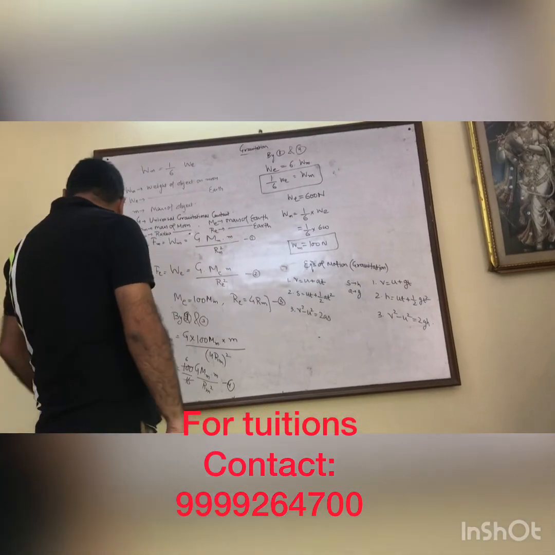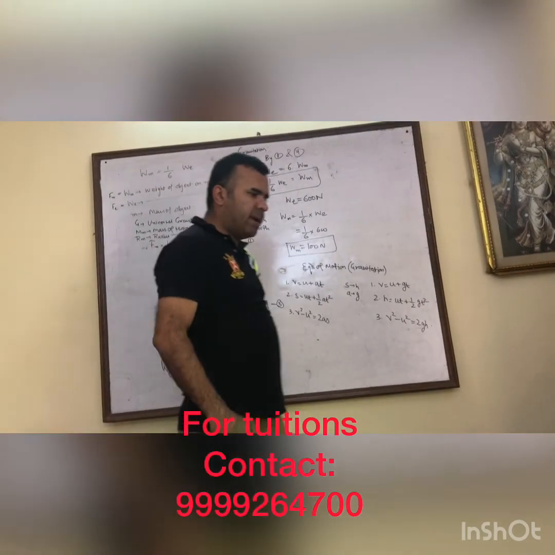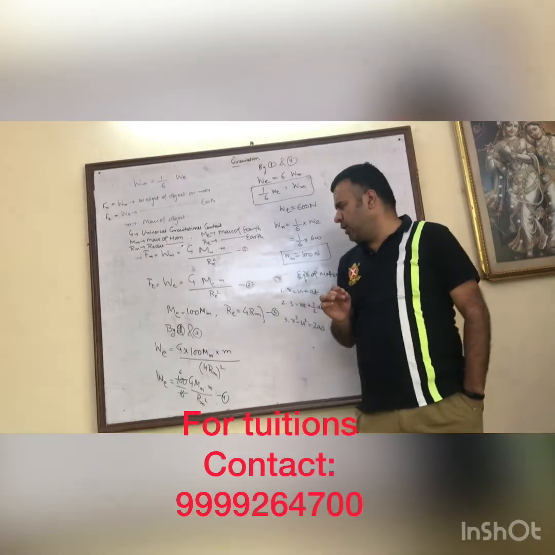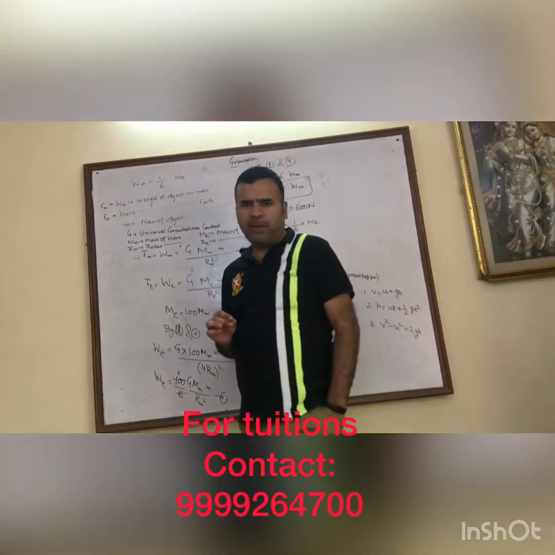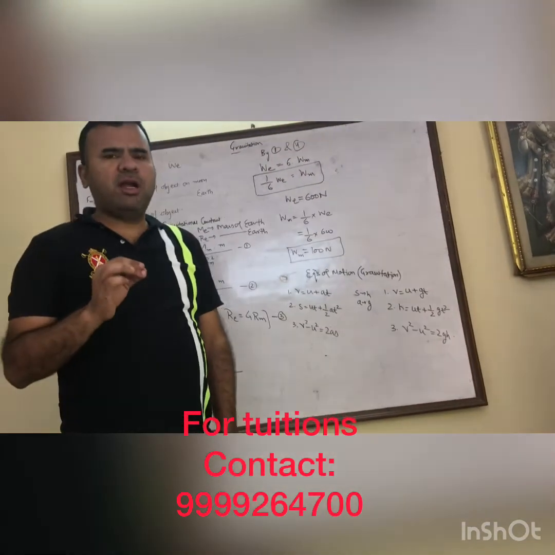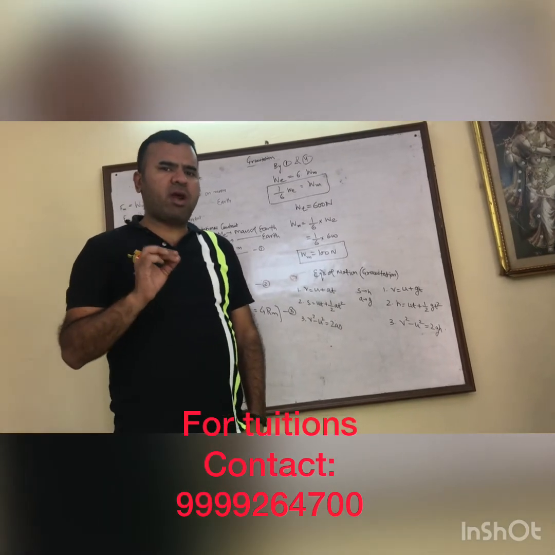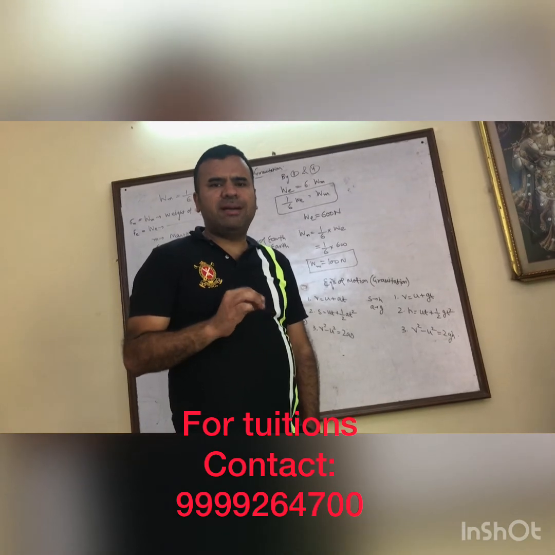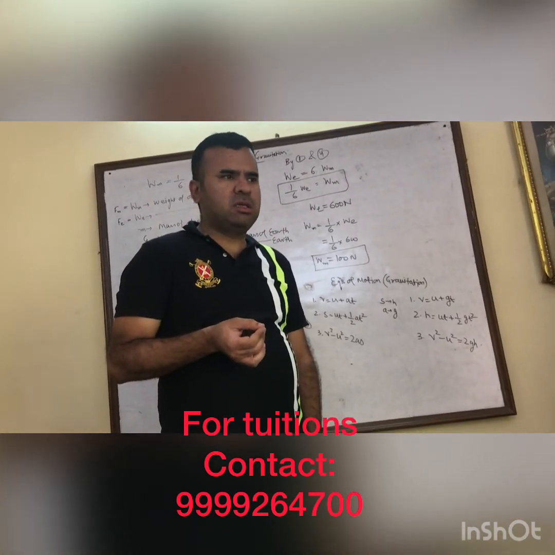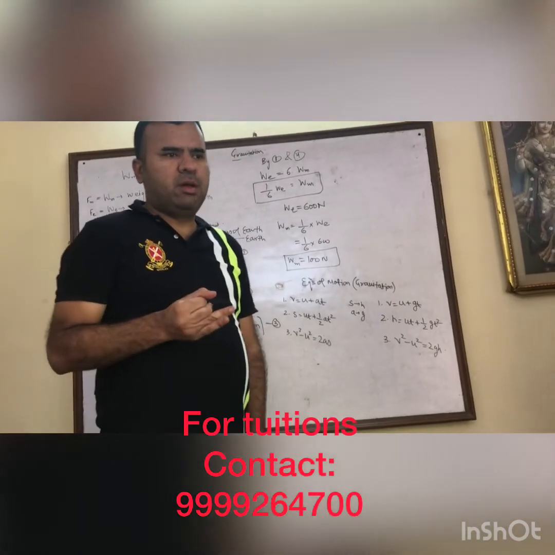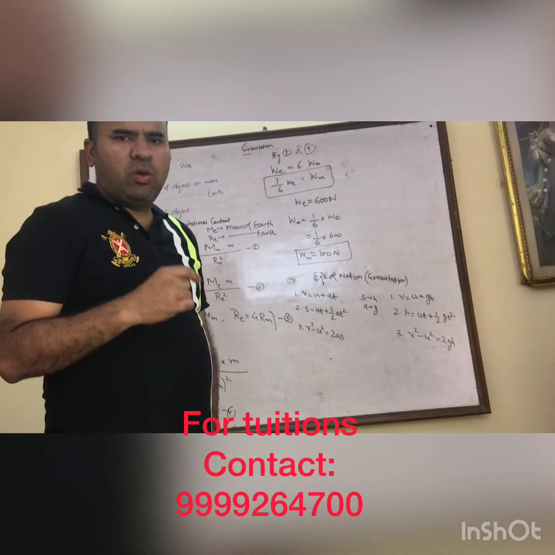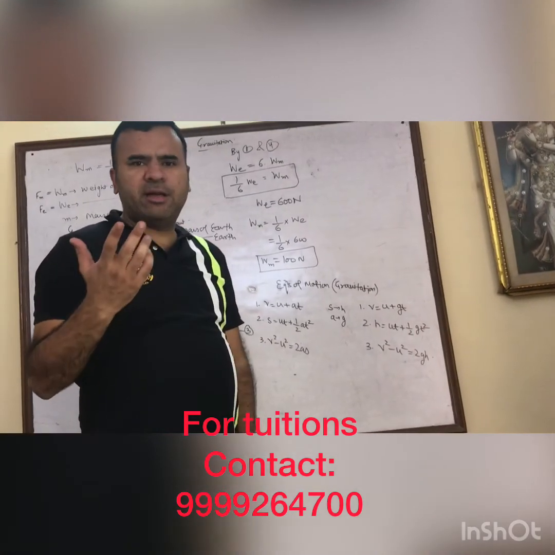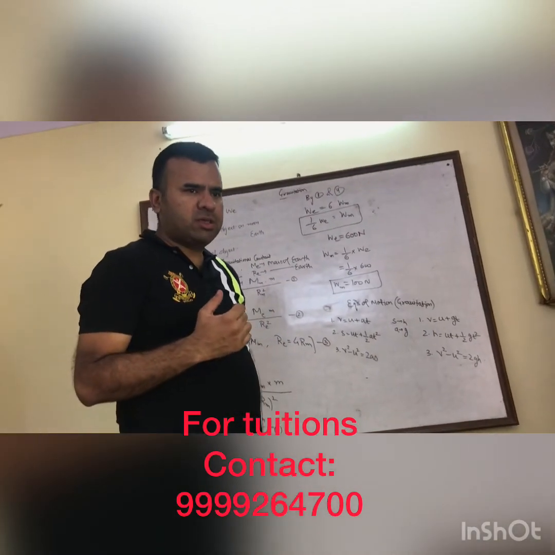And one more small thing, differences between weight and mass. Mass is the actual quantity of matter which is present inside the body, whereas weight is a kind of force by which earth attracts a body towards itself. Mass is a scalar quantity, it is measured by beam balance, and when we correlate weight with force, force is a vector quantity, and weight is measured by spring balance, right?